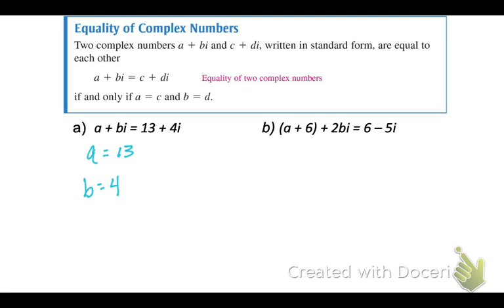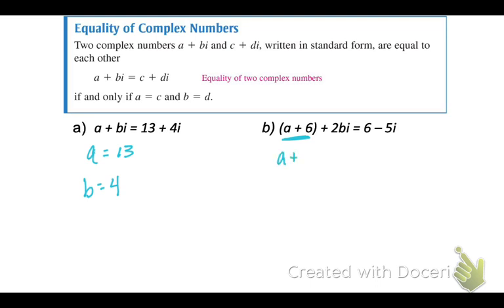A plus 6 plus 2BI equals 6 minus 5I. Did you distribute that? There's nothing to distribute. A plus 6 is my real part, yes? What's the real part on the other side? 6.